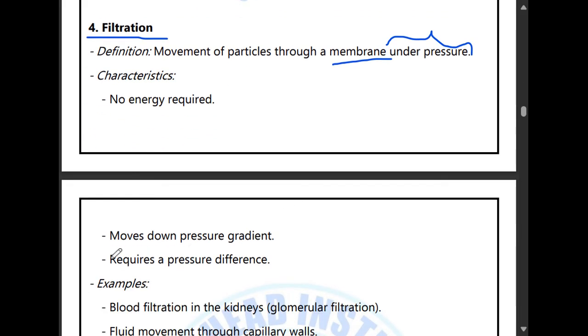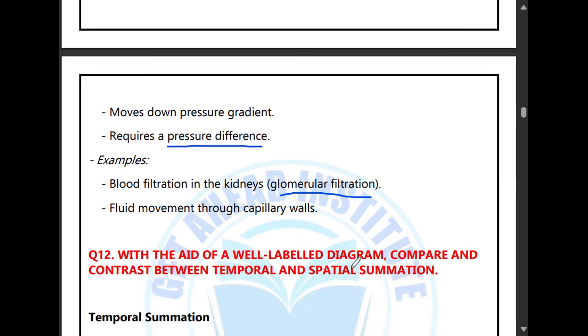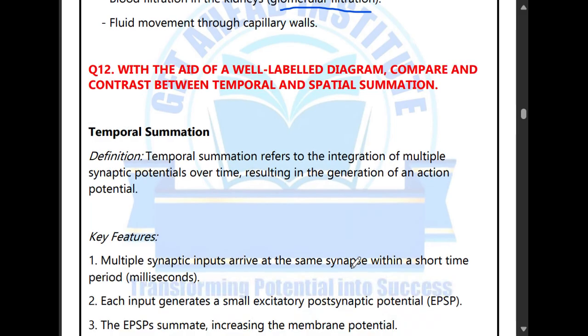The only difference is at the end. It also has no energy expenditure. The particles move down their concentration gradient. Then this one only has to do with the pressure difference. For example, blood filtration in the kidneys, that is during glomerular filtration. So that is it with that particular question.